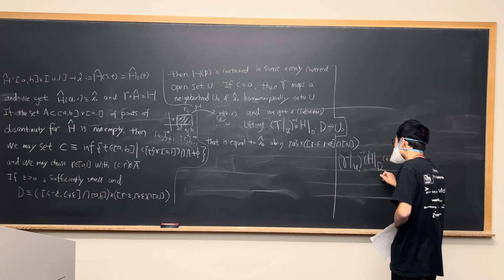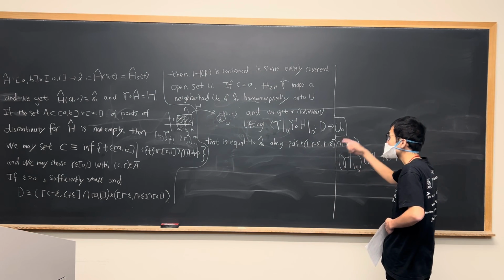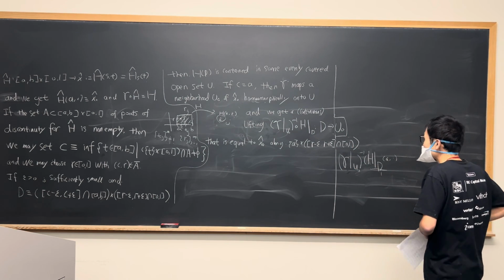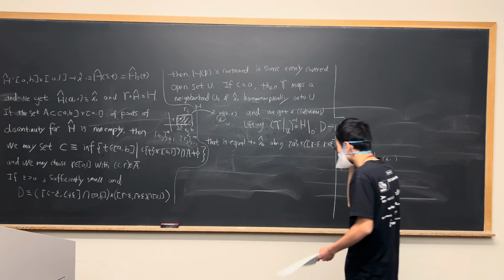So this is the same as x naught, and then you take the gamma restricted on U. Then you get x naught hat.